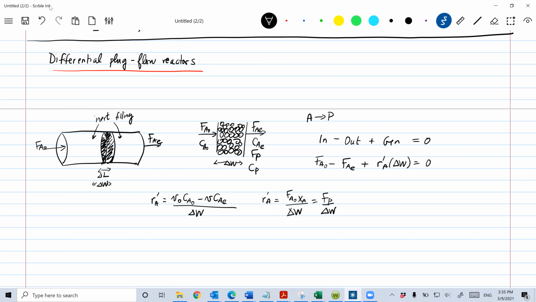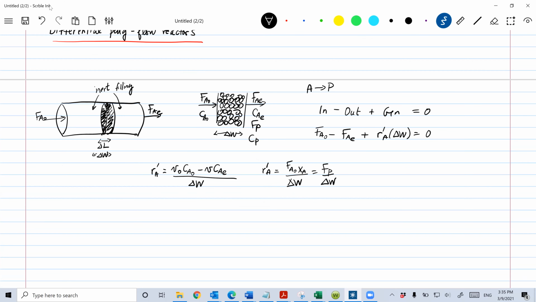So the flow of the product out divided by the catalyst weight would be equal to the rate. Now, what you would do, we'll get to that in a moment.